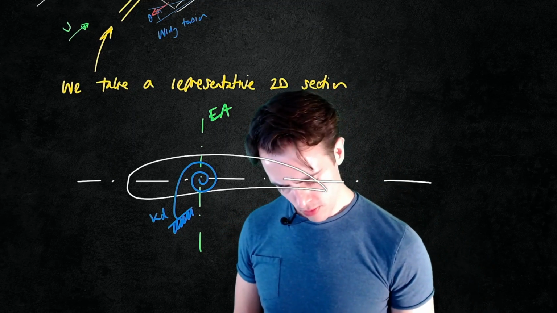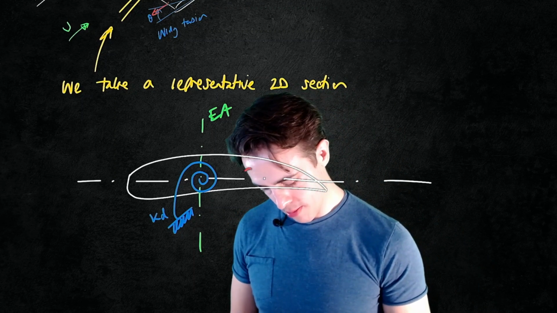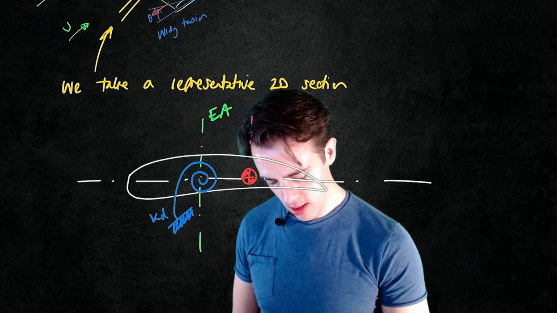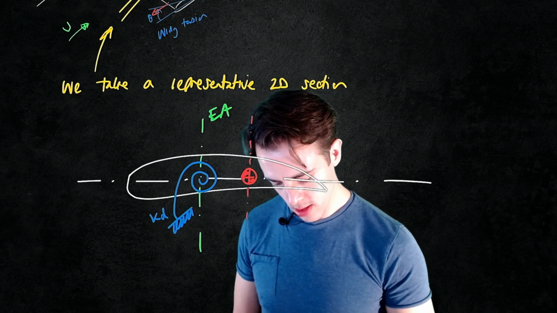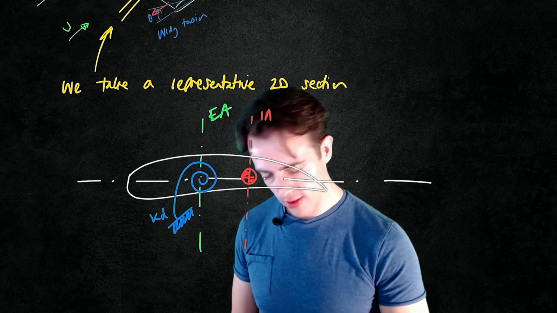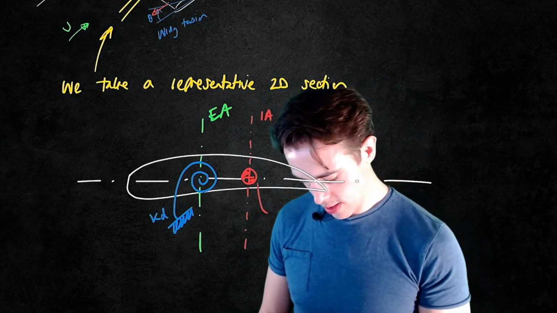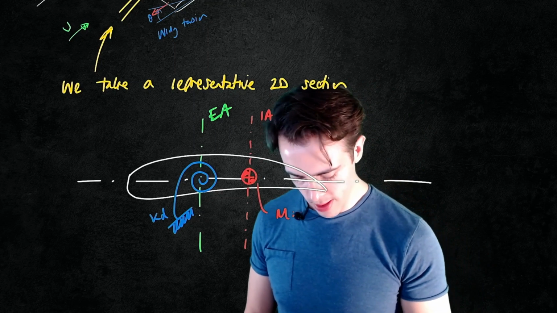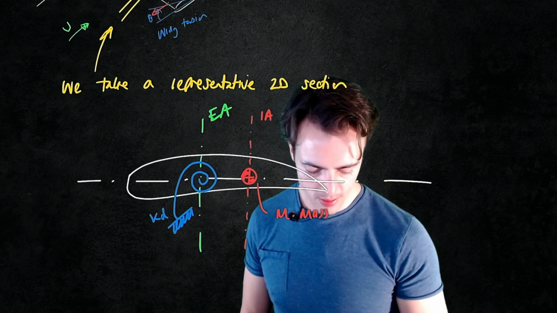Okay, we could represent the mass of the wing at the inertial axis. This we just give the symbol m. This would be the mass per unit span.